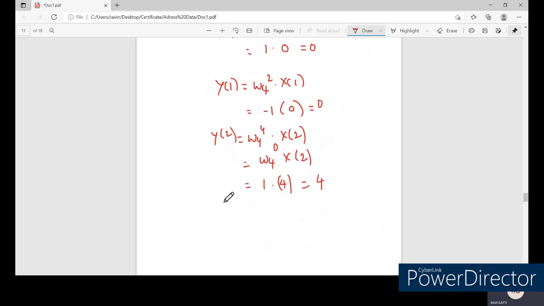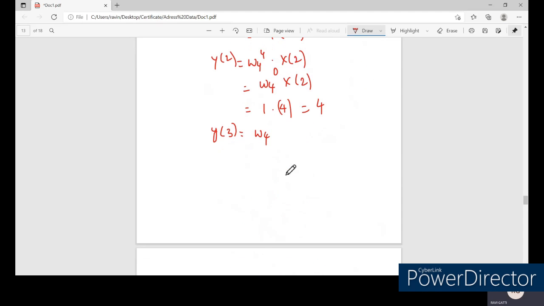Next, substitute k equal to 3. Y of 3 is omega 4 to the power of 2 into 3, that is omega 4 to the power of 6, multiplied by X of 3. By using periodicity, I can write it as omega 4 to the power of 2 into X of 3.